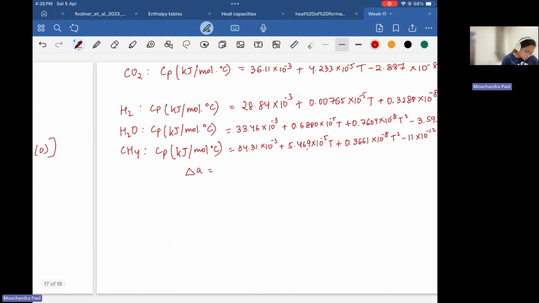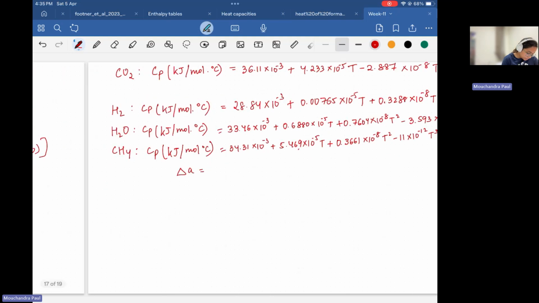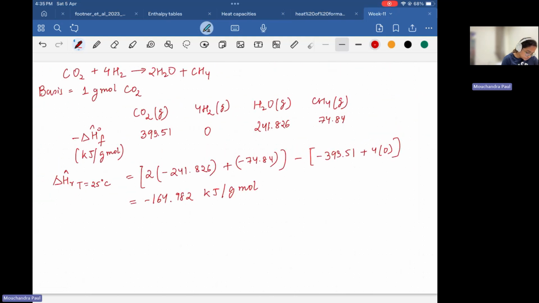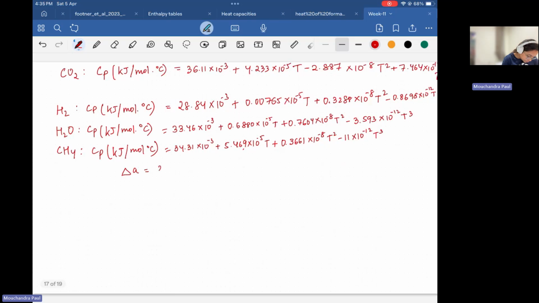Here products are water and methane. So 2 into 33.46, minus 3, methane 34.31 into 10 to the power minus 3.